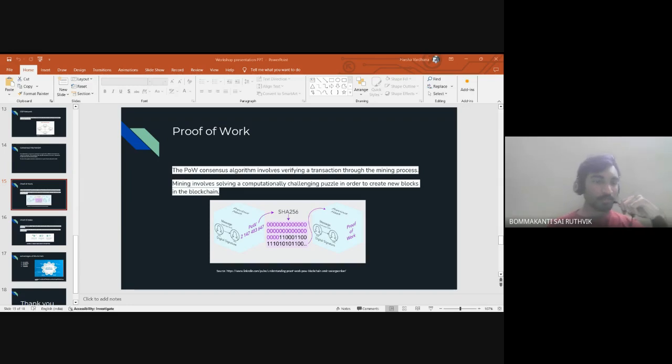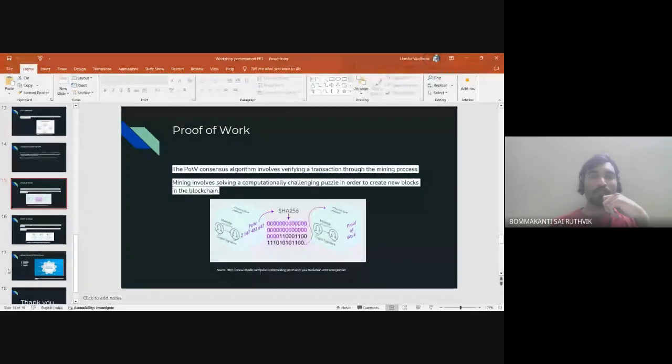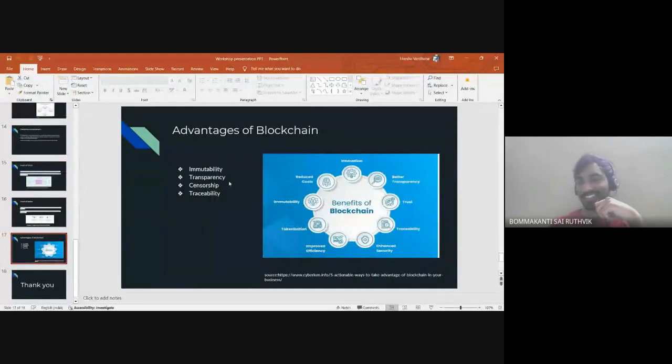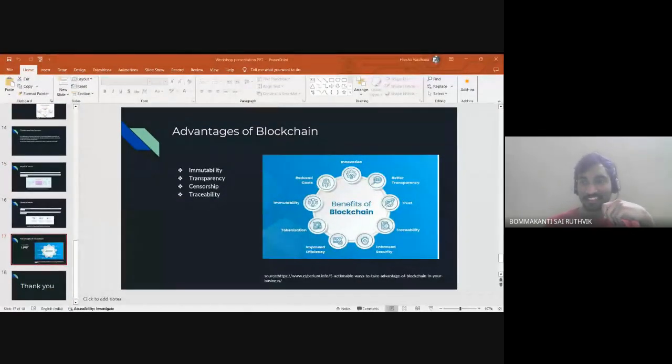And coming to the advantages of blockchain, they include immutability and transparency. Have you watched the Kosla Ka Gosla movie? So let's say you buy a land from a person A, and he hands over the records and land papers.